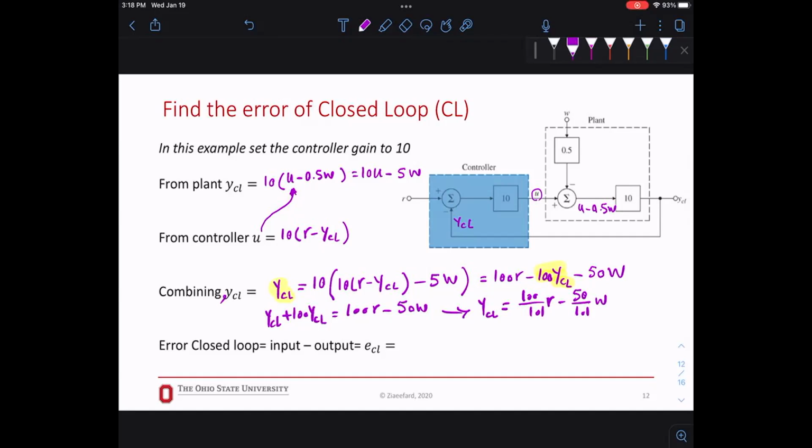Now error is reference input minus YCL, which is R minus, be careful with the signs, 100 over 101 R plus 50 over 101 W.